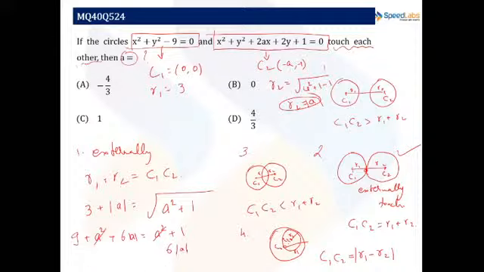So 6 mod A will be equals to minus 8, then A is obviously a negative quantity only, because 6A will be equals to minus 8, A will be equals to minus 4 by 3. So A will be a negative quantity only.